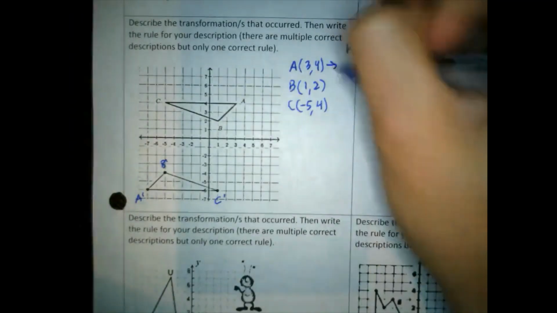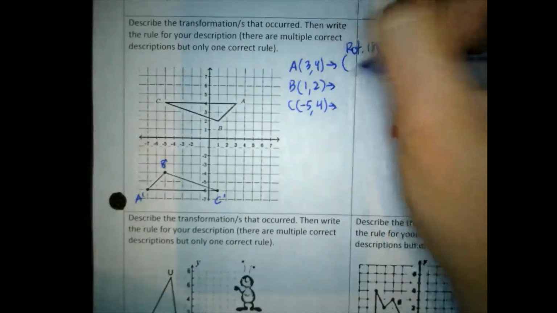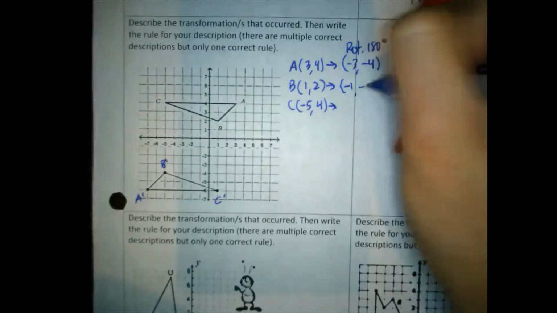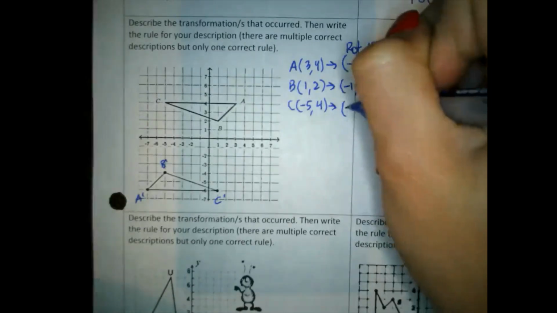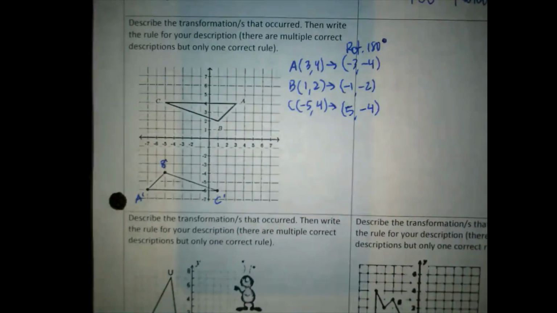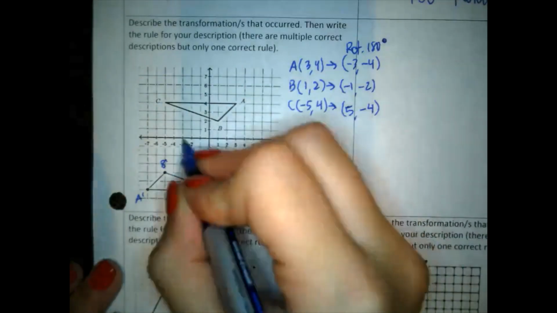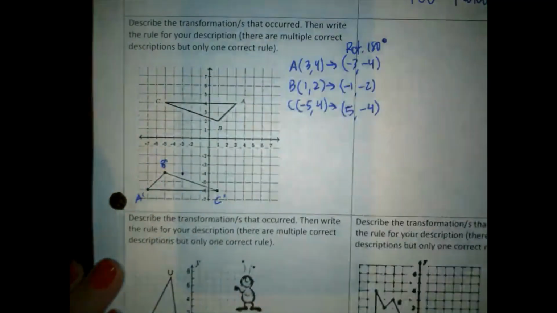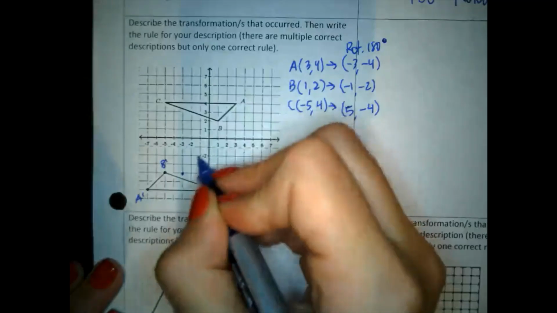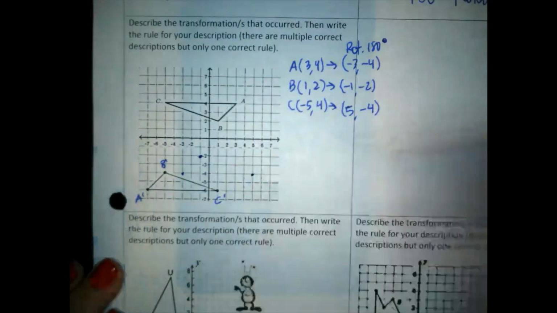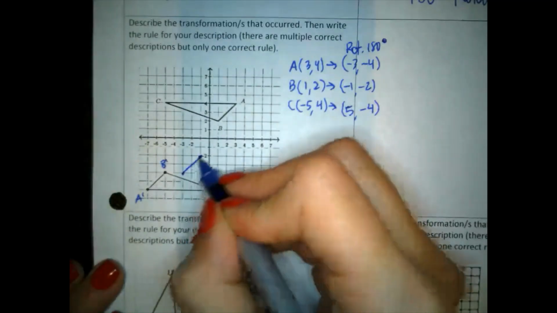If I rotate 180 degrees about the origin, that's just changing the signs. Let's plot those and see where we're at: -3, -4; -1, -2; 5, -4.